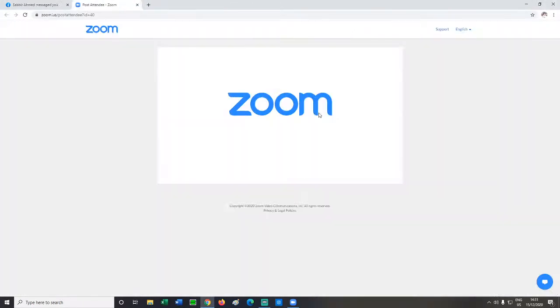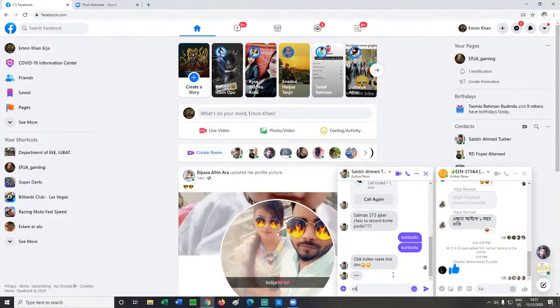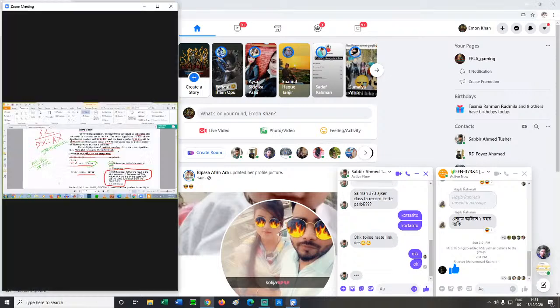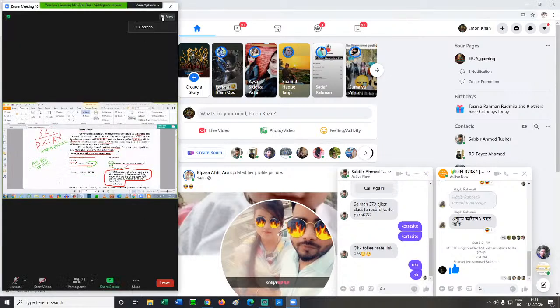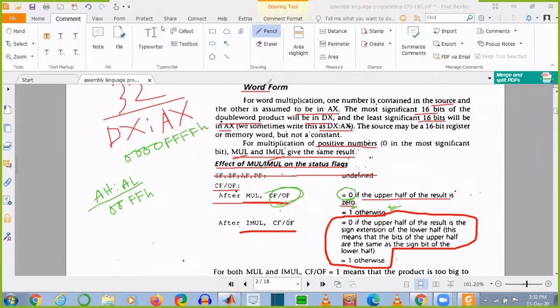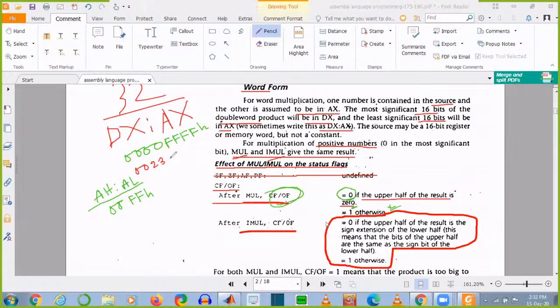If the upper half of the result is 0, then CF and OF both will be 0. And if the upper half of the result is not 0, then CF and OF will both be 1. Suppose in the upper half we have some number, like 0023 in DX, and 33 in AX.